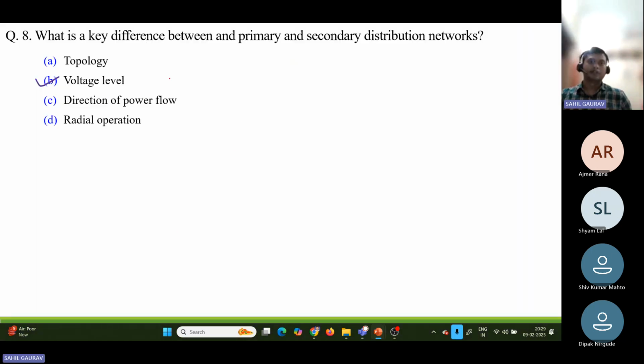For primary, the voltage level is 11 kV, 33 kV, mainly 11 kV and 33 kV. While for secondary distribution network, it is utility level voltage, 400 volt line to line voltage.